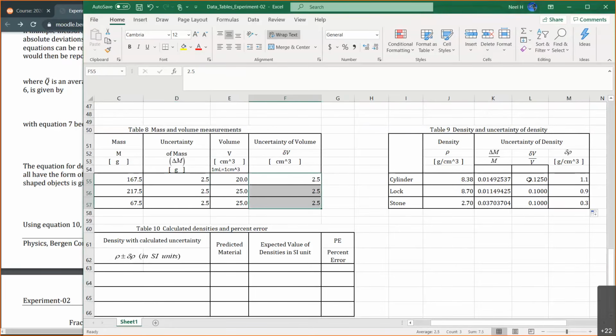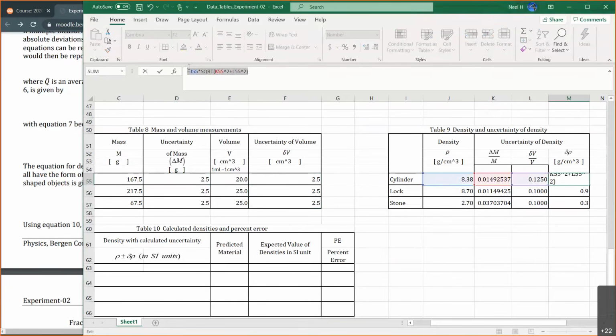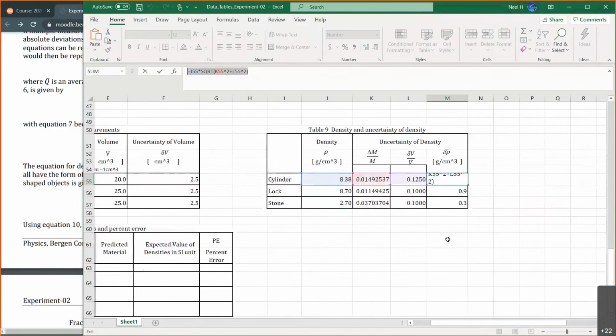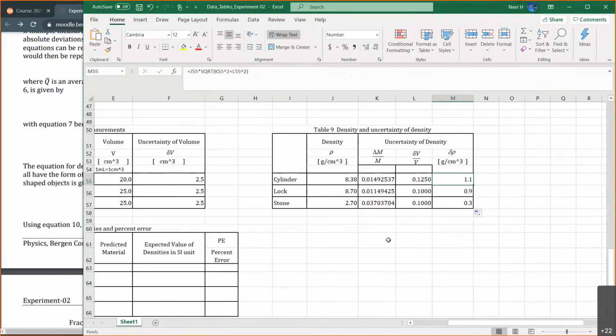Let me copy paste this formula. This might be useful. Yeah, for this we'll copy paste that formula here. This will now be delta rho for the cylinder. Okay, delta rho for the cylinder.